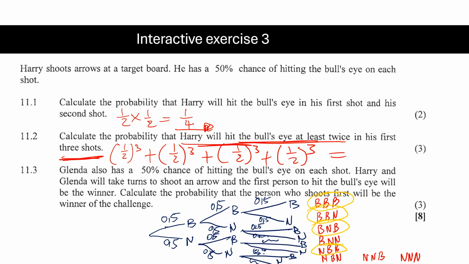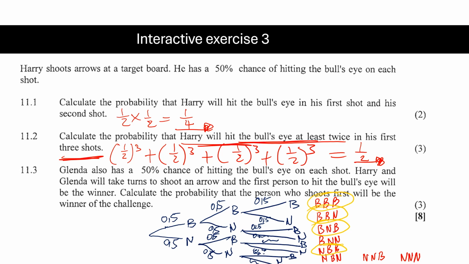When you do that on your calculator, the answer is just half. So there's still a half chance that Harry will hit the bullseye at least twice.